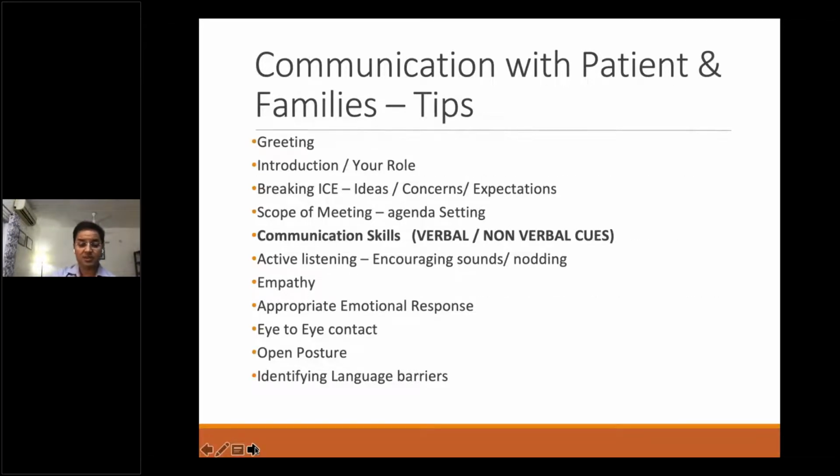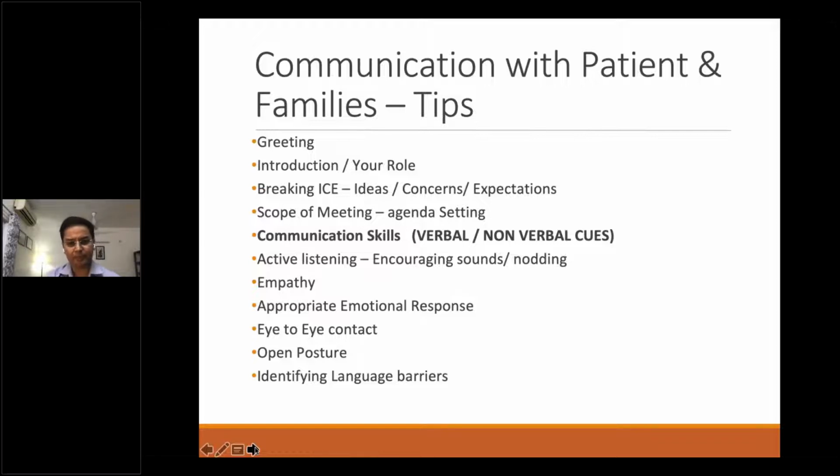Some tips for communication, which I think a lot of you have already been doing: volunteer for tasks. We know we should start by greeting, introducing ourselves, explaining our role and confirming the name and age of the patient.